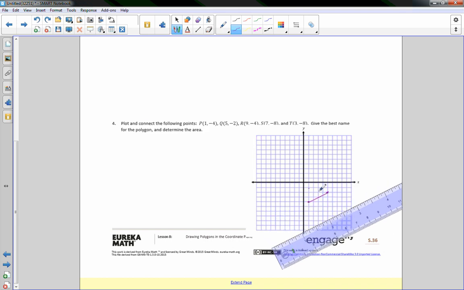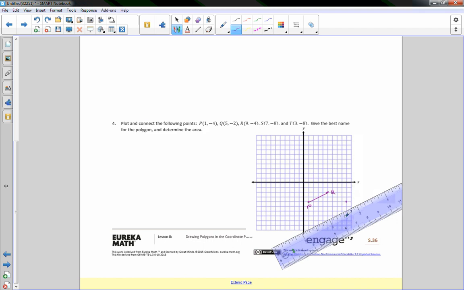Okay, so there's line segment PQ. I may have to move these, but so far so good. Okay, and the next one is R, which is 9, negative 4. So here's 9, 1, 2, 3, 4 is right here.